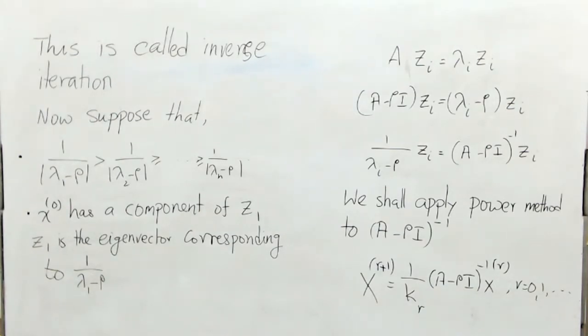For the power method, we take the initial value as alpha 1 z1 plus alpha 2 z2 plus alpha 3 z3, and so on all the way up to alpha n zn. Here it's the same assumption: the initial value has a part of z1 in it.